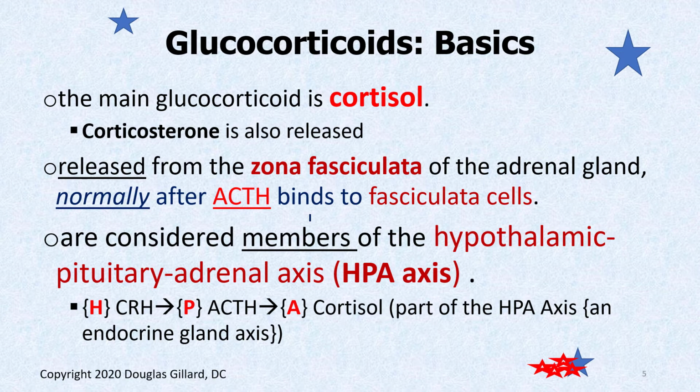And cortisol is a member of the HPA axis, the hypothalamic pituitary adrenal axis. You remember the players? Who's the player of the hypothalamus? That would be CRH. Who's the player of the pituitary? That's ACTH. Who's the player of the adrenal cortex? That would be cortisol. That's the HPA axis.